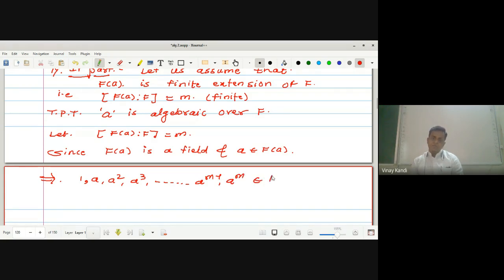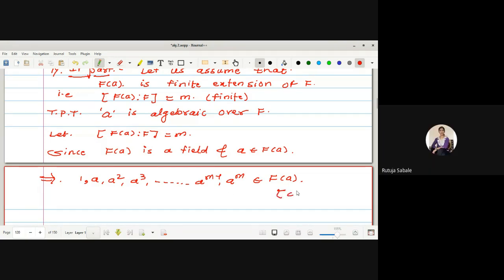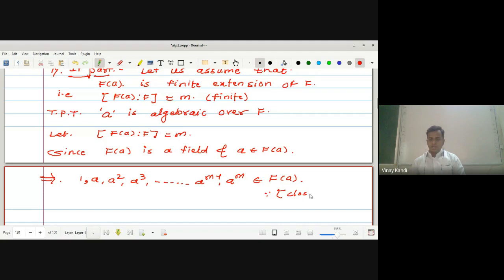These are the elements belongs to F(a). ओके, जर a हा F(a) मध्ये असेल तर a स्क्वेअर, a क्यूब, a रेज टू m मायनस 1, a रेज टू m आणि a रेज टू 0 that is 1, आयडेंटिटी एलिमेंट. हे सगळे एलिमेंट F(a) मध्ये असतील. ओके, एनी डाऊट अप टू हियर? No, sir. Since closed under addition, closed under multiplication.